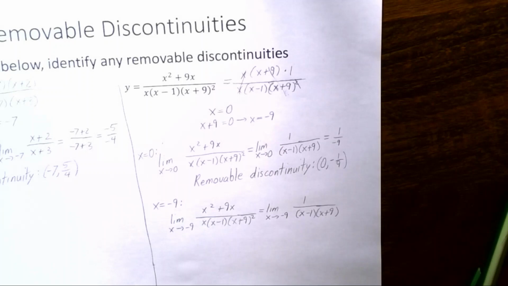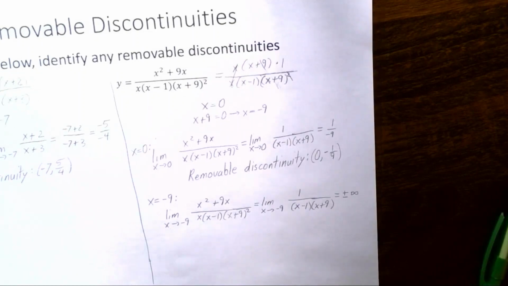So that results in 1 over 0. Well, 1 over 0 will be plus or minus infinity. Because plus or minus infinity is not a point on the graph, but rather represents the function going forever up or down, x equals negative 9 is not a removable discontinuity, and instead x equals negative 9 is a vertical asymptote.